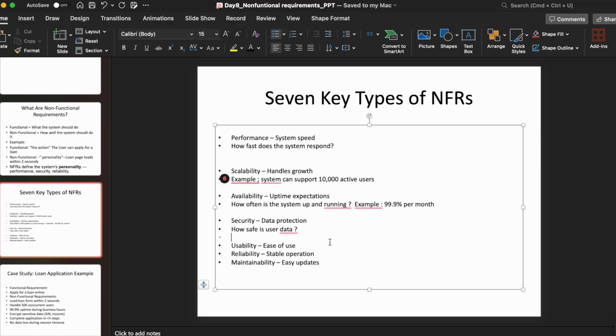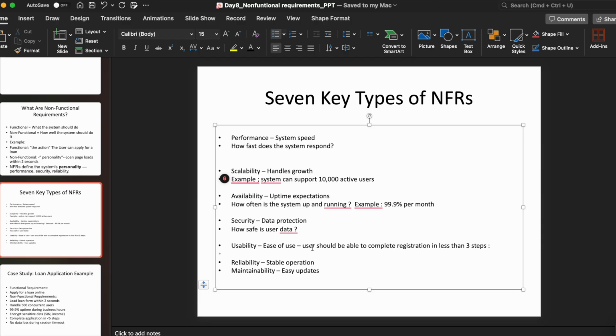Next one, usability. Usability is, is the system easy to use and understand? Ease of use. Example: the user should be able to complete registration in less than 3 steps, something like that.